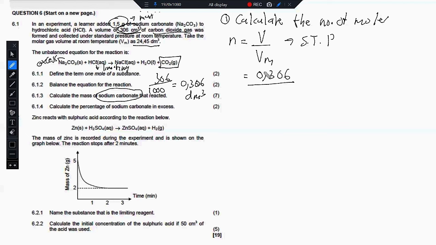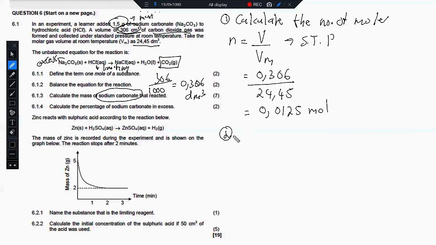Now, what is our Vm? We are given 24.45. So we just go 24.45. Now, the number of moles that we have is 0.0125. I always advise that if you have not arrived at the final answer, always make sure to at least round off to 4 decimal places. In that way, you are not so far away from the true value.